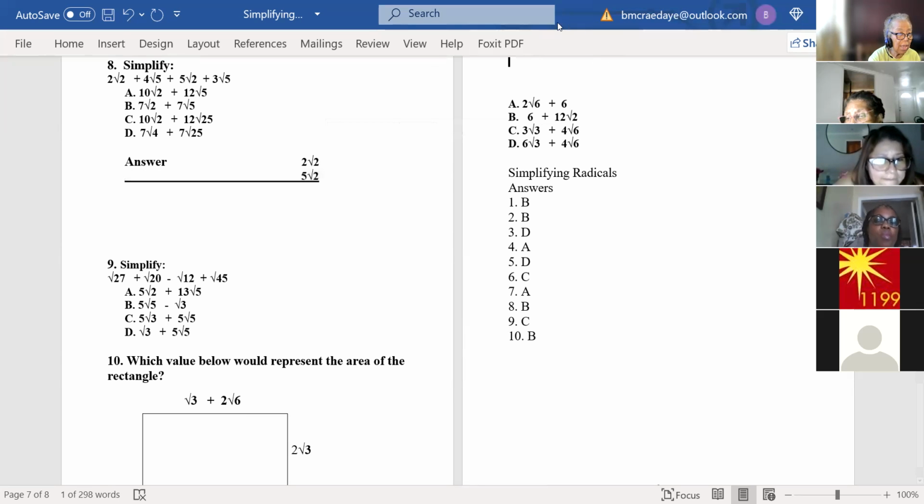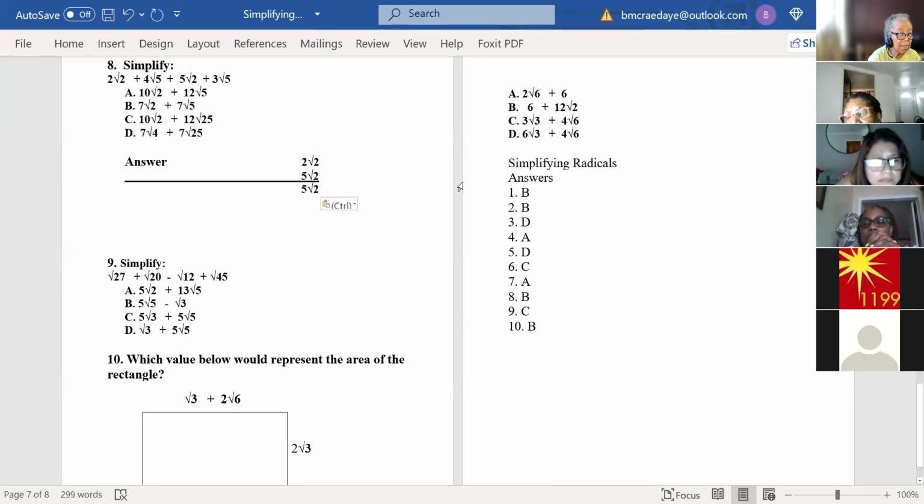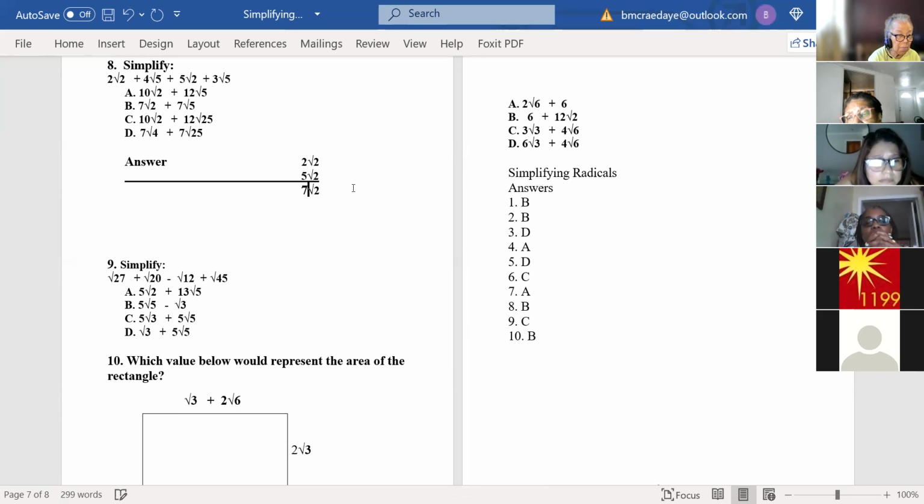And you're adding the coefficients, Alva, right? So 5 plus 2 is what, Alva? 7. So this is going to be 7 times square root of 2. Got it? Yes. Okay, because you're adding the coefficients, correct?